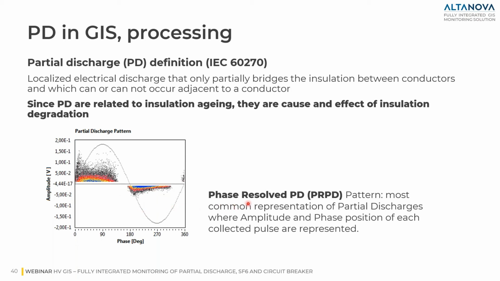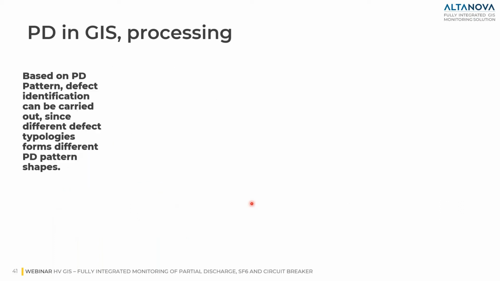This is the phase resolved PD pattern. On the horizontal axis, you have the phase angle. On the vertical axis, the amplitude, and even different colors according to the number of pulses acquired per each cycle.